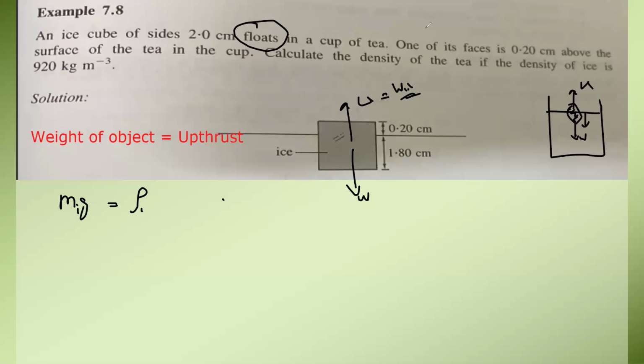So whenever we are solving a question related to floating, we assume that the weight is equal to upthrust. Upthrust can be more than the weight. In that case, the object should rise, but the surface tension keeps the object in contact with the liquid surface and does not allow it to escape.